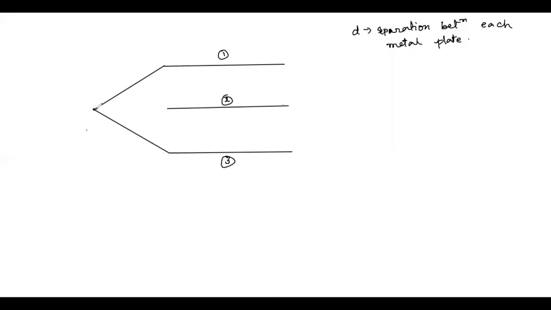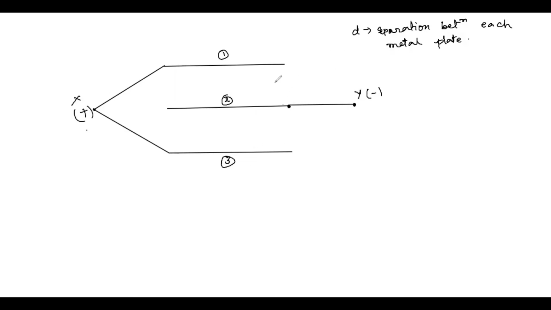Let's say it is connected to the positive terminal of the battery, and metal plate 2 is connected to the negative terminal. Let's say that this is point X and this is point Y, connected to the negative terminal.